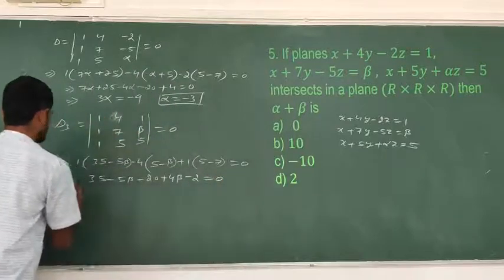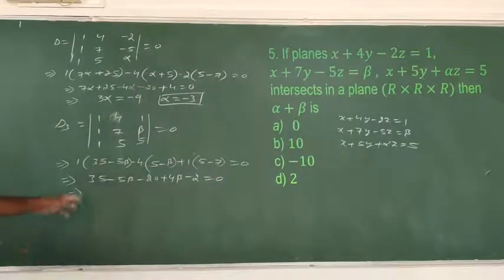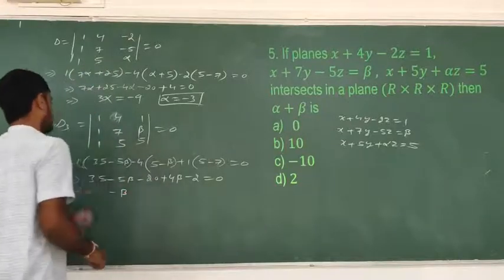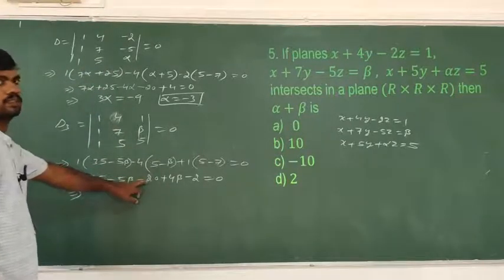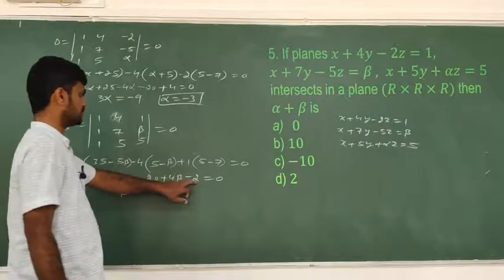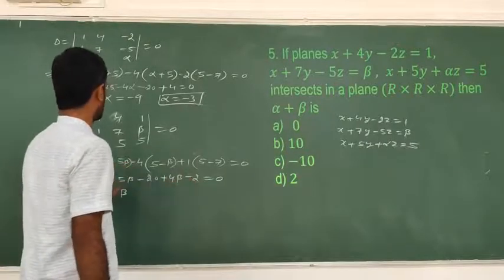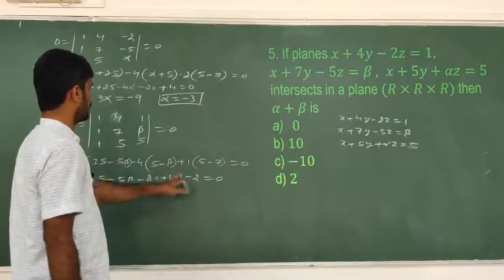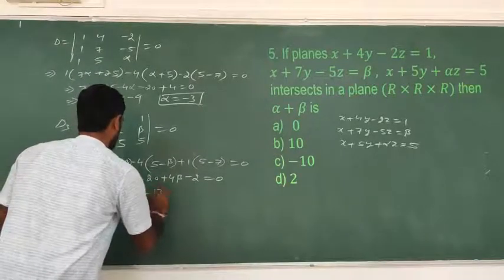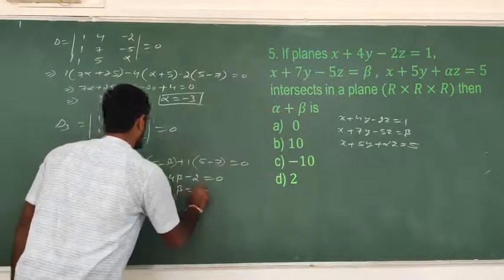This implies that minus 5 beta plus 4 beta is minus beta. Okay, 35 minus 20 is plus 15, plus 15 minus 2 is plus 13, so minus beta plus 13 is equal to 0, beta is equal to 13. Minus minus cancel, then the value of beta is 13.